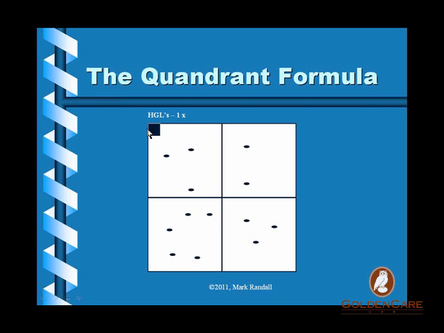We start up in the upper left-hand corner with what we call the happy-go-luckies. Happy-go-luckies are great people to sell. When you go out there and you make a sale, you walk out of that house, you're going to go, wow, is selling long-term care insurance this easy? I'm going to make a fortune. Unfortunately, happy-go-luckies are few and far between.